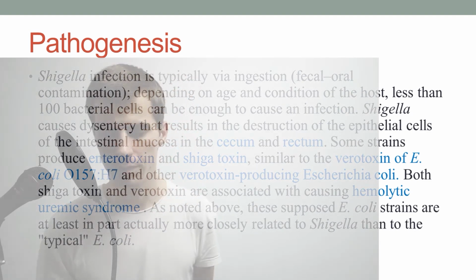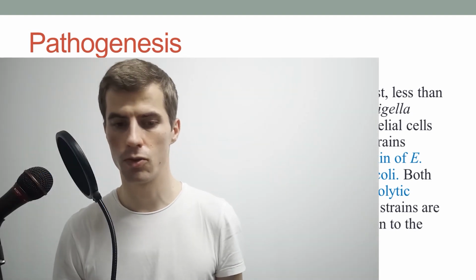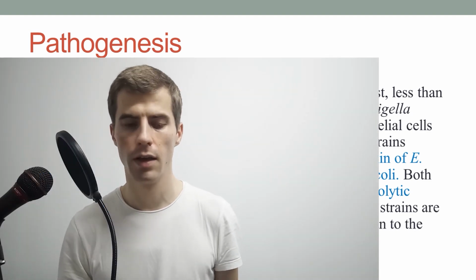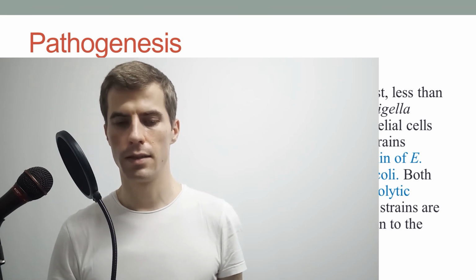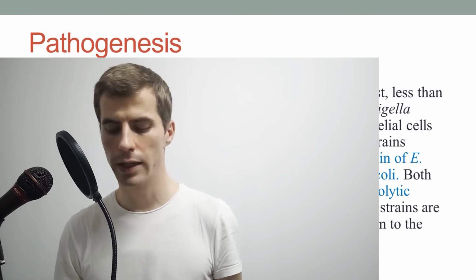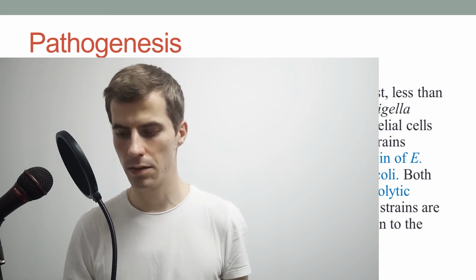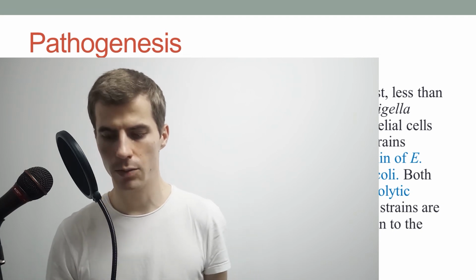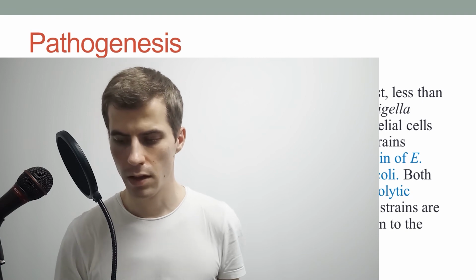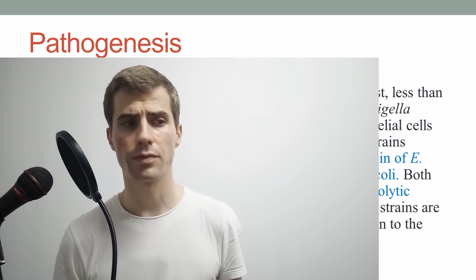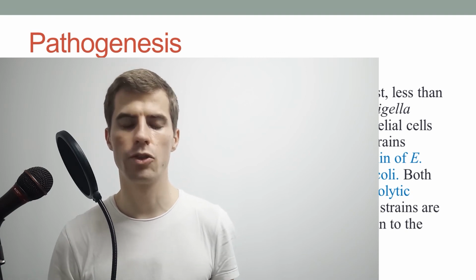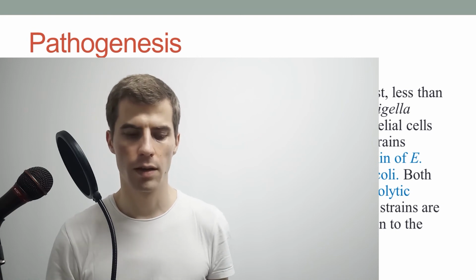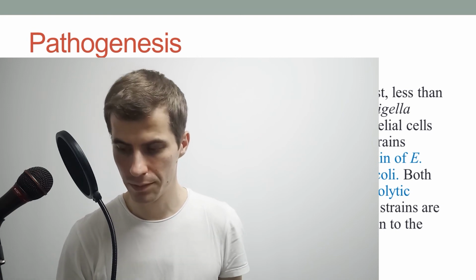Having the gastrointestinal route of infection, this disease is causing severe diarrhea. It is able to destroy the epithelial cells of the intestinal mucosa in the cecum and rectum. So this could lead to intestinal bleeding.